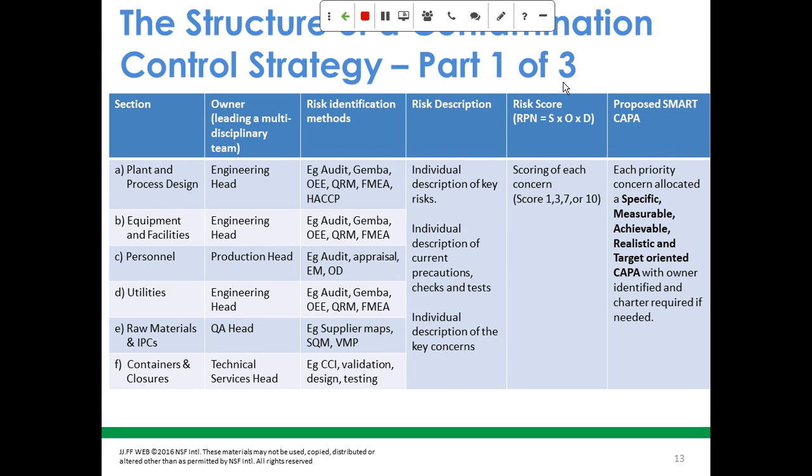We've shown then in column 2 who we would assign as a single point accountability or an owner of that section of the CCS, obviously leading the multidisciplinary team that we spoke about before. We've then in column 3 identified some of the key tools, key source documents, and key techniques for identifying risk.